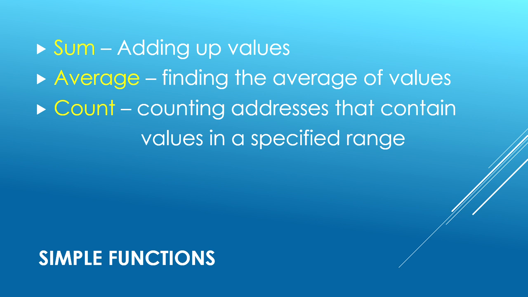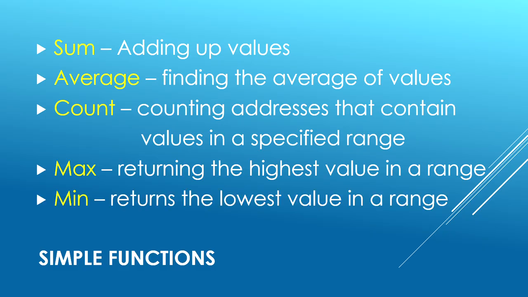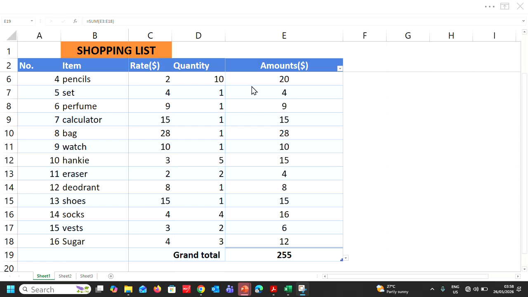Those that don't contain numerical values are ignored, and it only counts those that have values. We shall see the function max for returning the highest value in a range, and conversely, min, a function for returning the lowest value in a range. We shall use a shopping list as our case study.